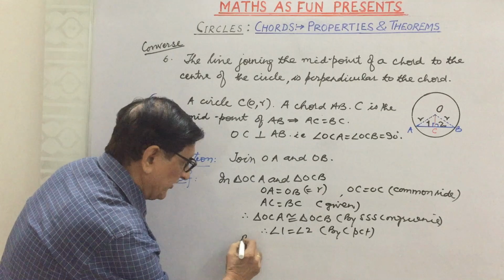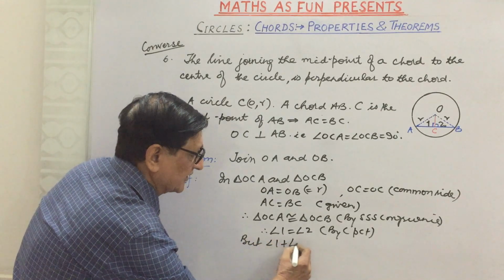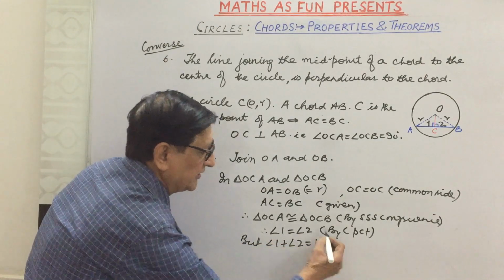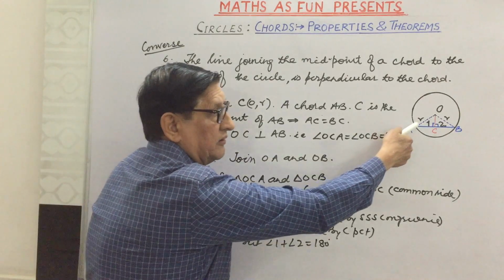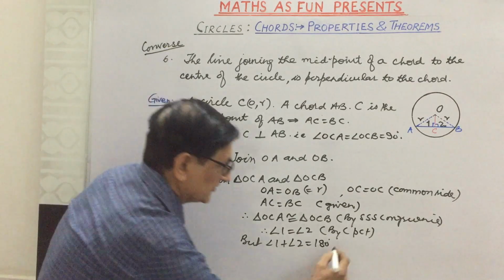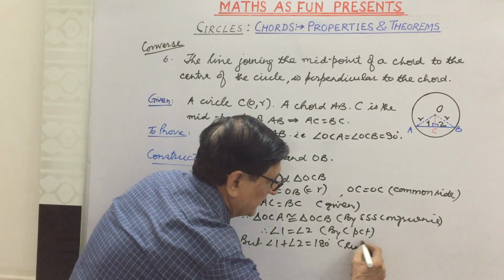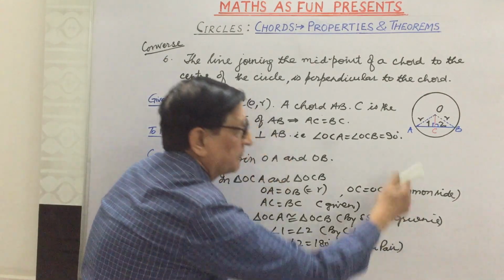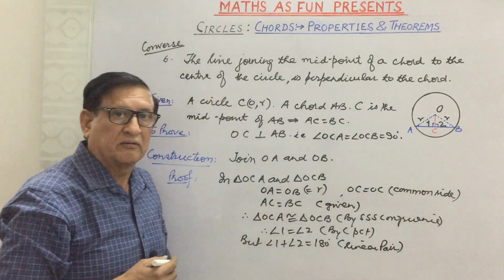But we can also see that angle 1 plus angle 2 is equal to 180 degrees. Why? Because they are forming a linear pair, since ACB is a straight line.